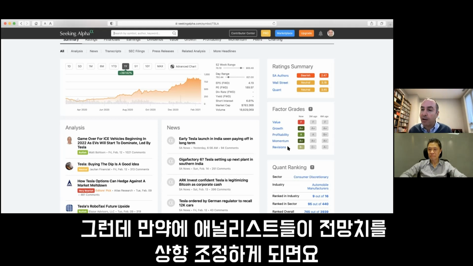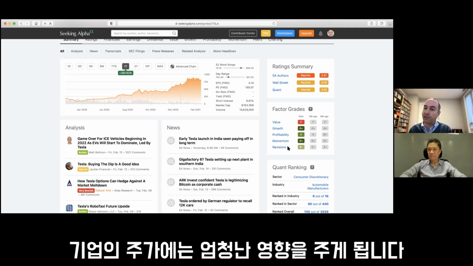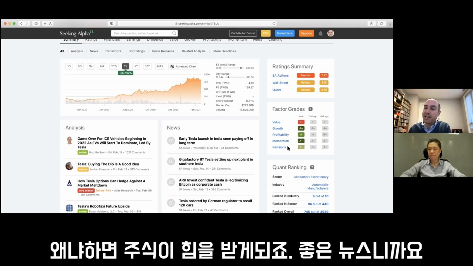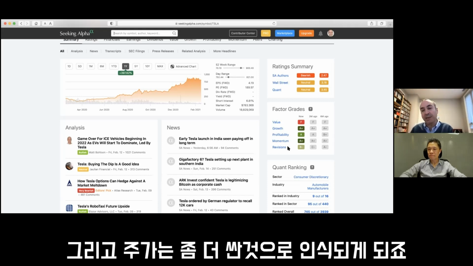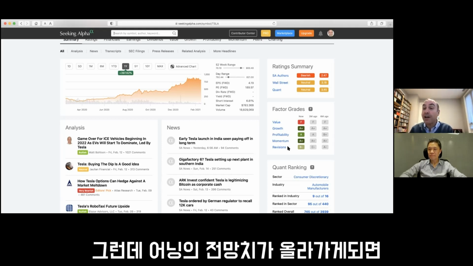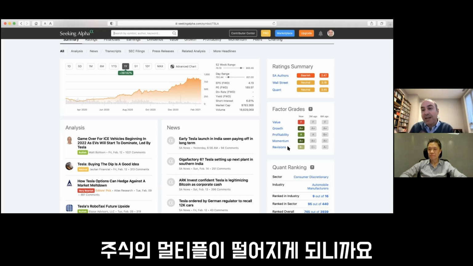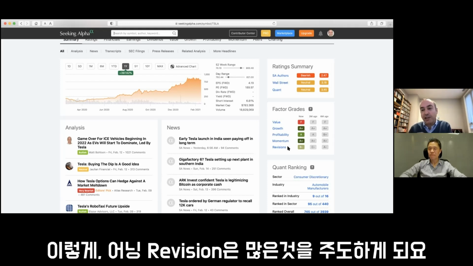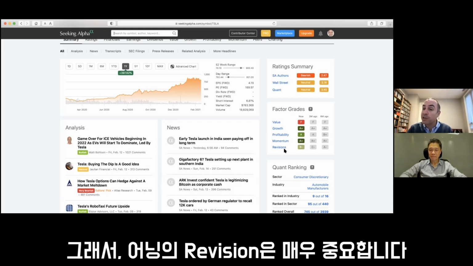And it turns out that if analysts are revising their estimates upwards, that has a huge impact on the stock, because it generates momentum and good news, and it makes the stock cheaper. If you value the stock as a multiple of its earnings the following year, and the earnings estimate just went up, it makes the stock cheaper. And so it can drive all sorts of things. So earnings revisions are very important.